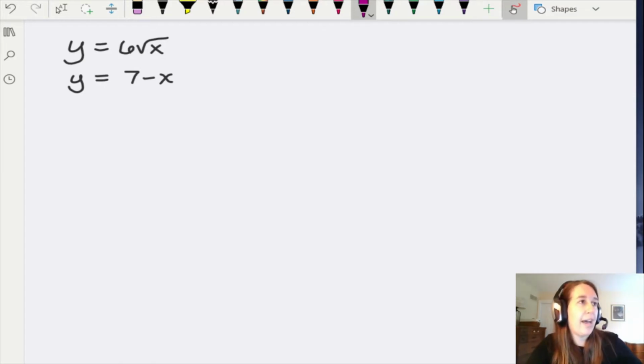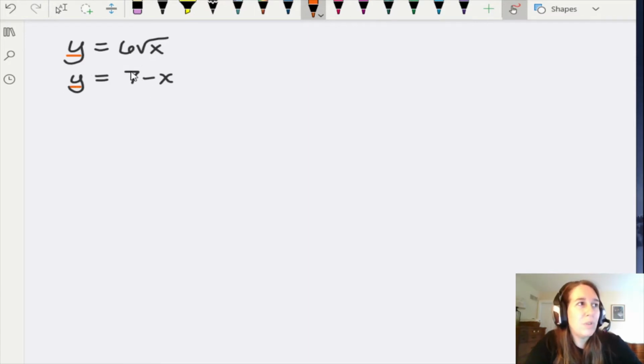Anytime that you have both equations set up y equals, because that's a pretty common way to have something, you can actually do a very quick substitution. So if y equals 6 square root x and y equals 7 minus x, well then the right sides of the equation must equal each other, right? Because the left sides are equal.